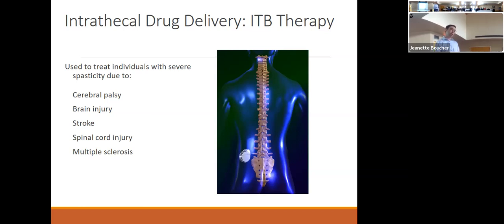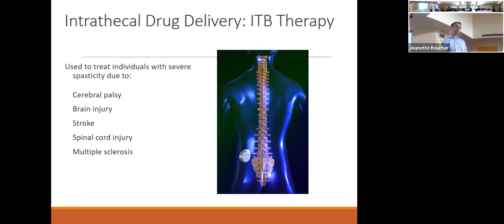But what I will say is that before we'd ever jump to putting a pump in you, it's a big surgery. Again, if we've kind of struck out with regard to the other treatments, we would do a trial. And so I have colleagues in anesthesia that would essentially just inject a small dose into that area where the pump would lead to.